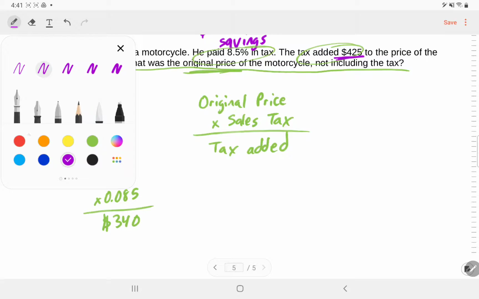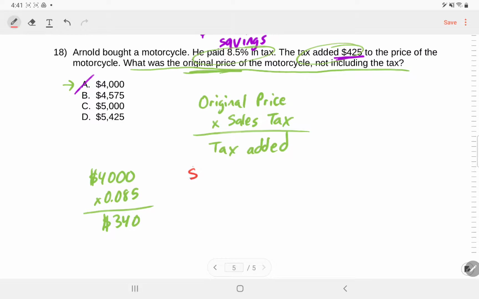Now we're going to try B, 4,575 multiplied by 0.085. So 4,575 times 0.085 is $388.88 in tax added. That's not, once again, $425.